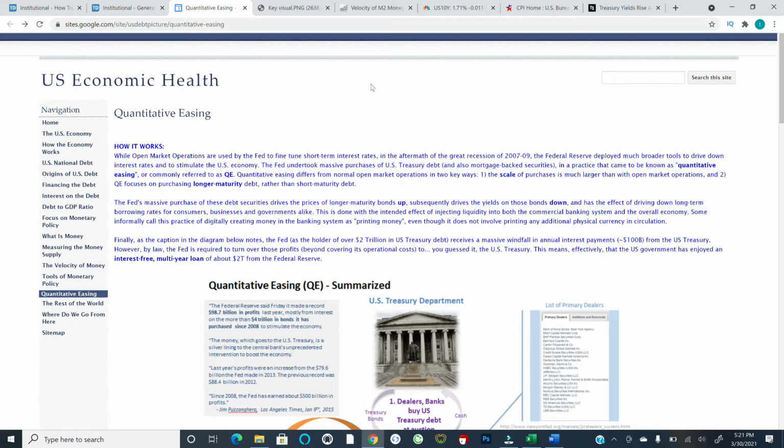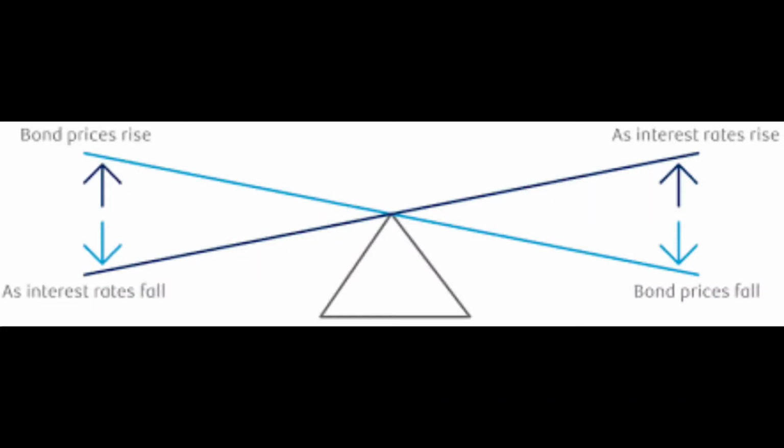And for a bond or a piece of debt, the interest rate is inverse to the price. So heightened demand pushes the price of these treasury securities up, and therefore pushes the yield, or the interest rates, down. And the idea is that by pushing interest rates down, we can hopefully stimulate the economy and encourage more borrowing and more lending from the commercial banking system.